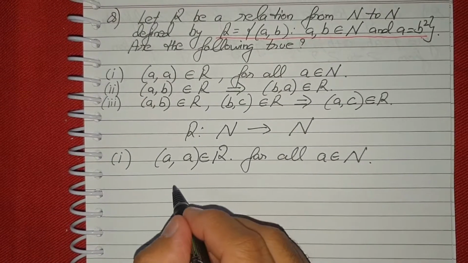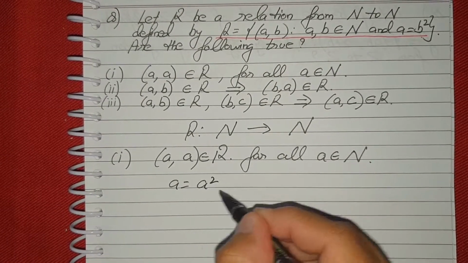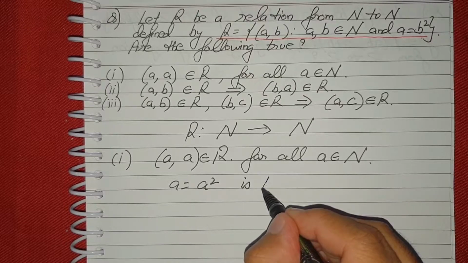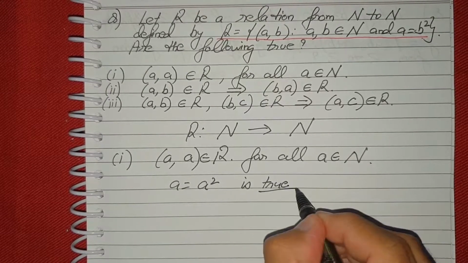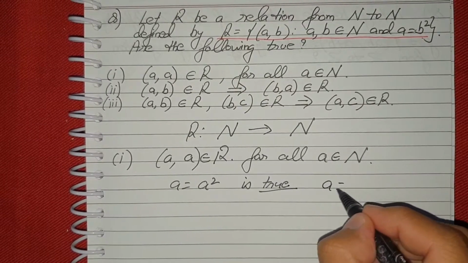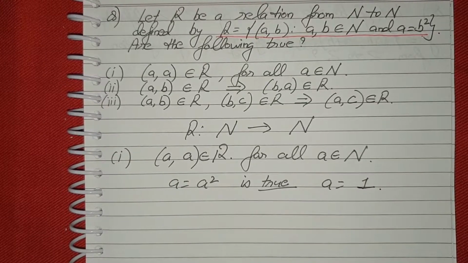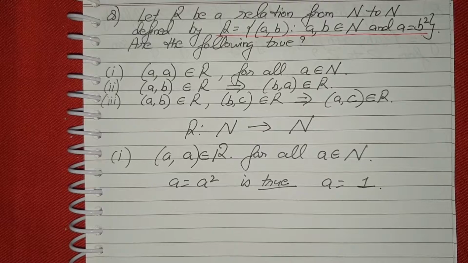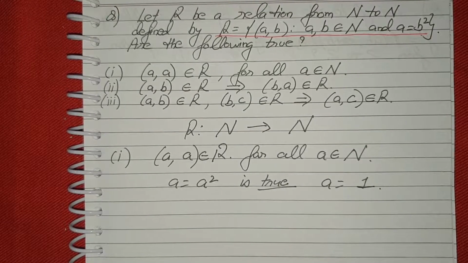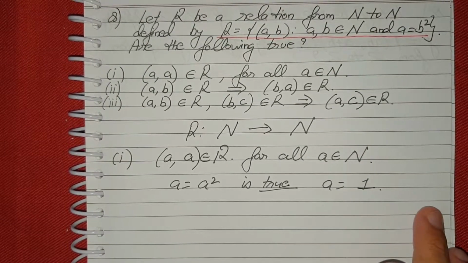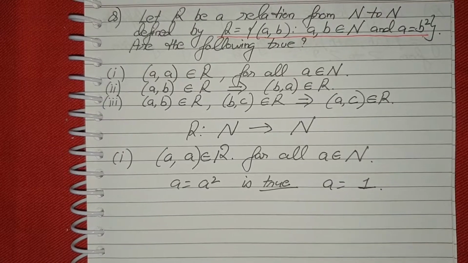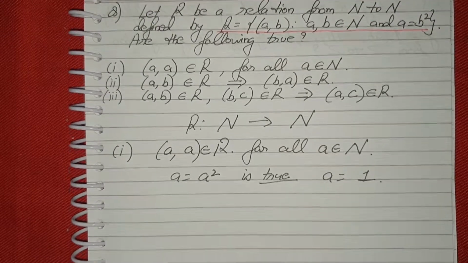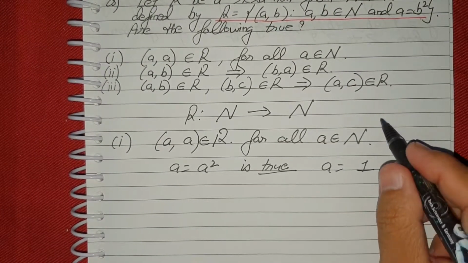Because a equals a square is true only for a equals 1. Like 1 is equal to 1 square, that's fine. But 2 is not equal to 2 square, 3 is not equal to 3 square, and so on. So only for 1 and not for all natural numbers, given that a belongs to natural numbers. Hence, this is not a relation.